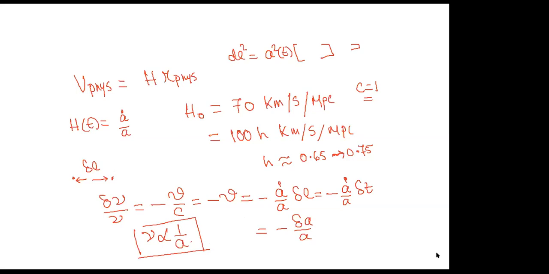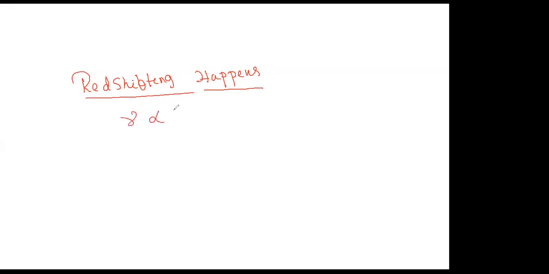It is a physical effect, the Doppler shifting due to the expansion of the universe. All these galaxies are moving away from each other, and the change in frequency is proportional to 1 by a. That is the standard thing that we have.